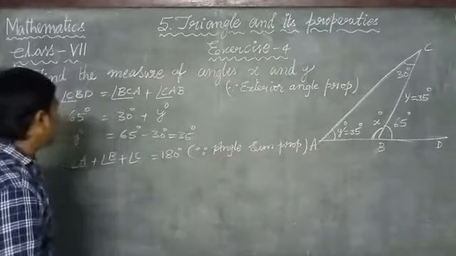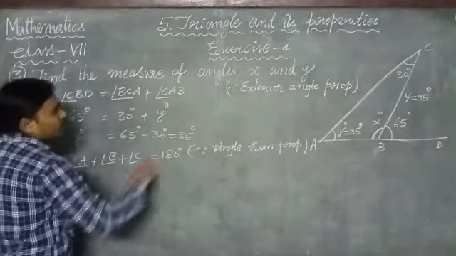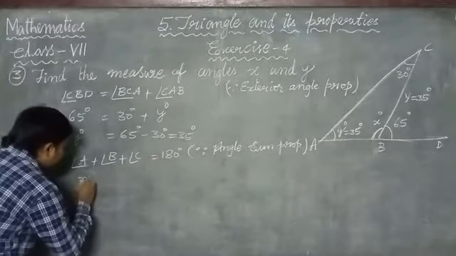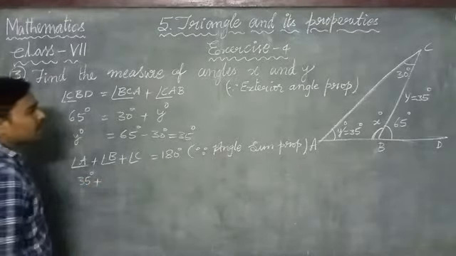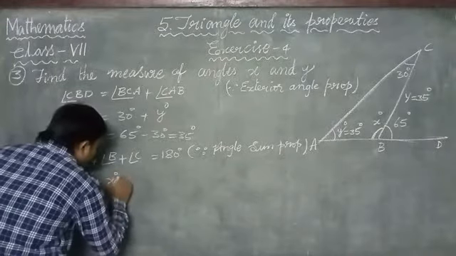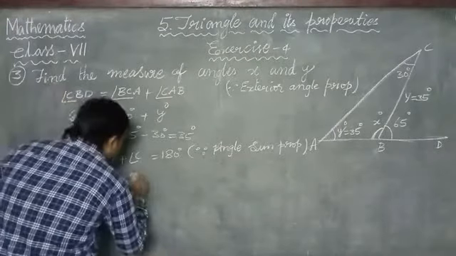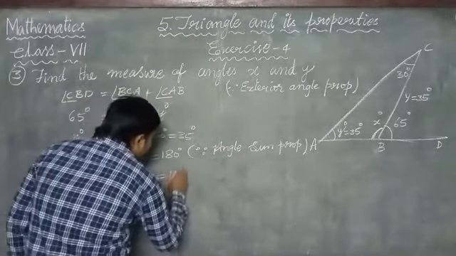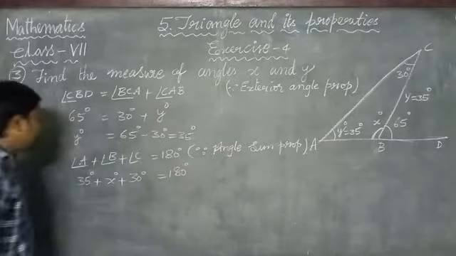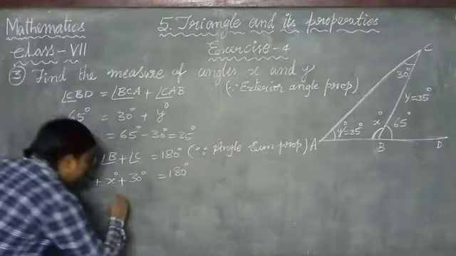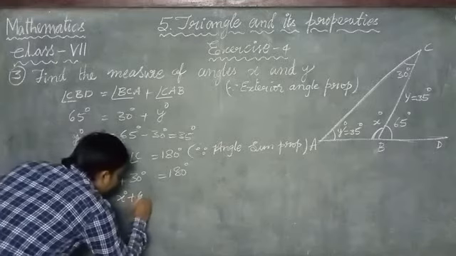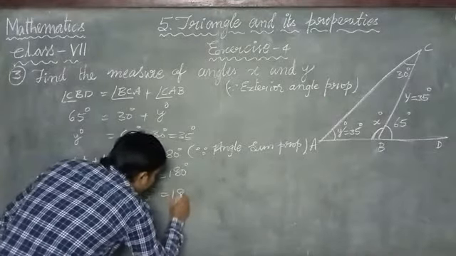Here angle A equals 35 degrees, angle B equals x degrees, and angle C equals 30 degrees, and the sum equals 180 degrees. Then 35 plus 30 means 65 degrees. So x plus 65 degrees equals 180 degrees.